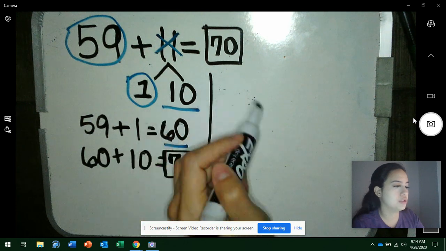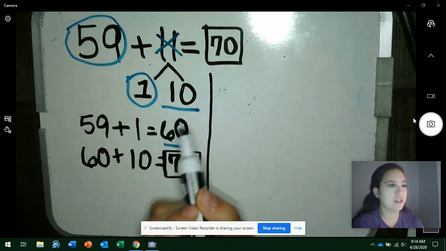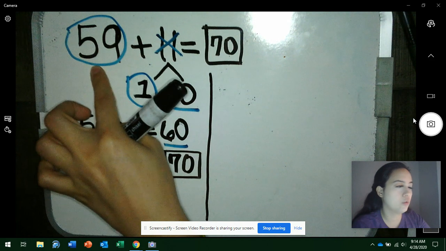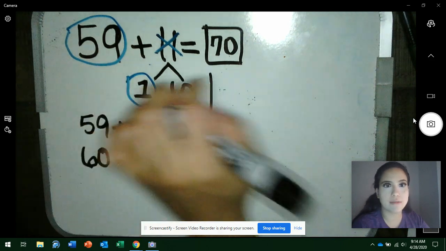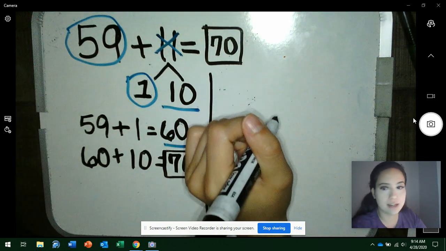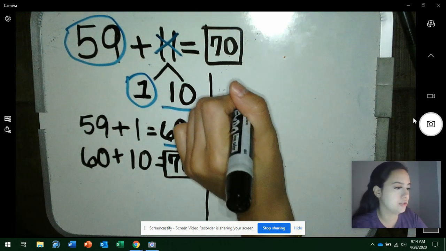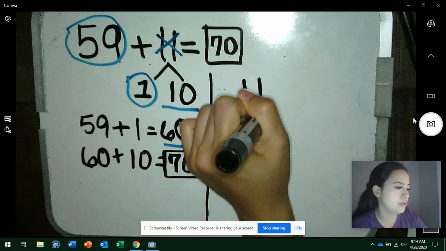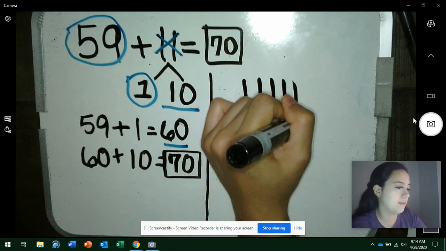So to start out this problem, we're going to draw 59. How many tens and ones for 59, boys and girls? Okay, ready? Yeah, 5 tens, 9 ones. So let's draw. 1, 2, 3, 4, 5.